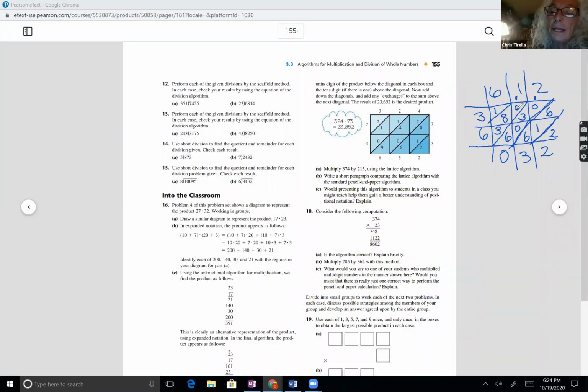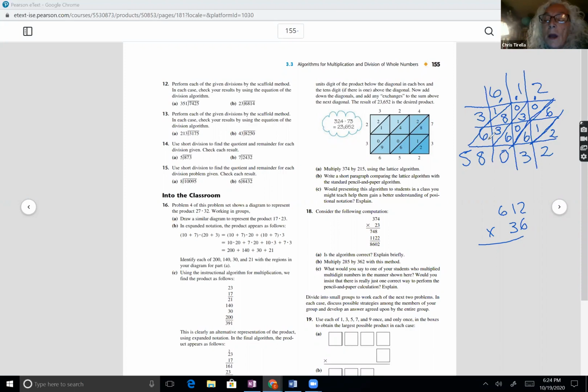Along this diagonal, let's see, 9 and 3 is 12 and 6 is 18. And then along the last diagonal, I'll have 5. So 612 times 36.